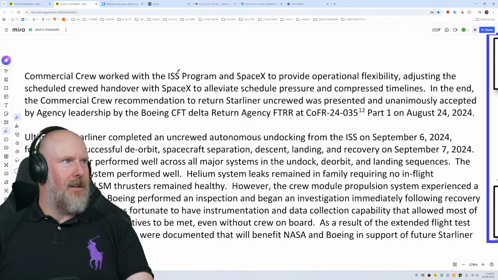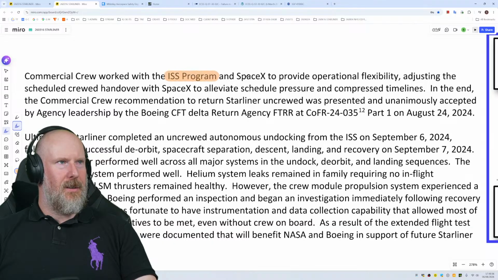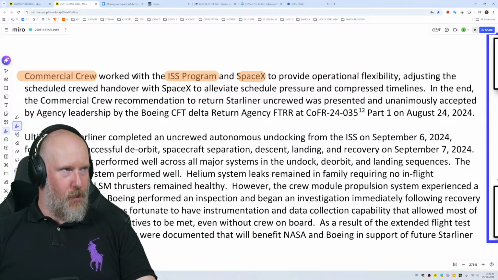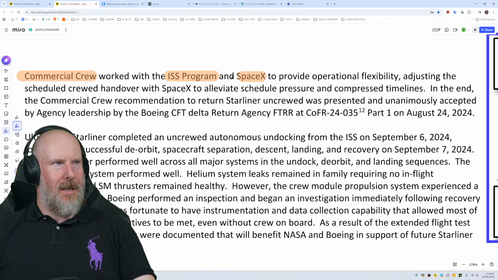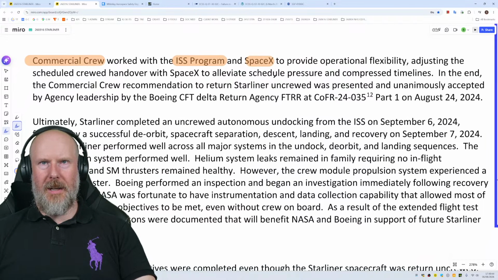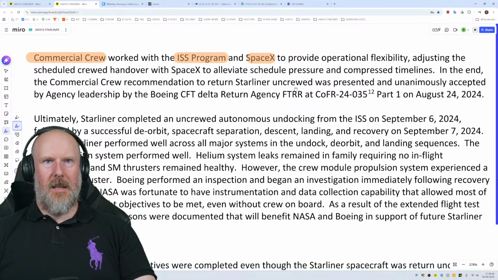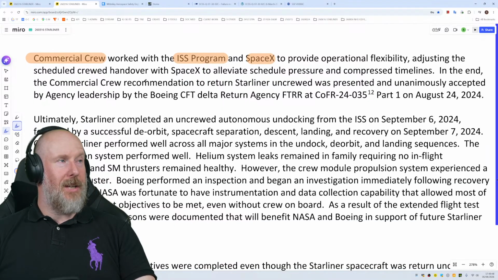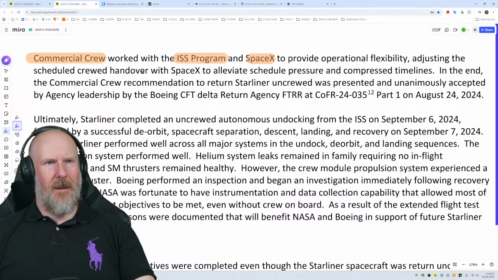Commercial crew worked with the ISS program and SpaceX to provide operational flexibility, adjusting the scheduled crew handover with SpaceX to alleviate schedule pressure and compress timelines.